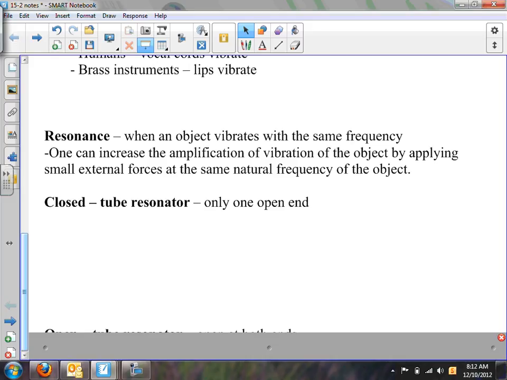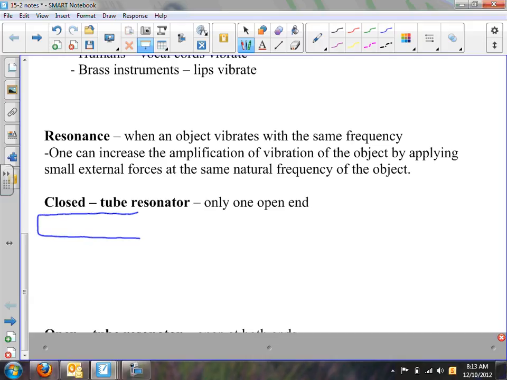A closed tube resonator is exactly that. It's a tube that is only open at one end, and it will vibrate at interesting specific spots. This is what a closed tube resonator would look like.